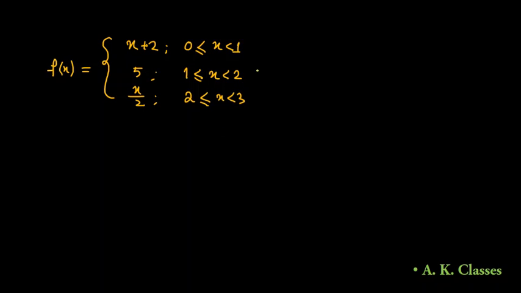ইয়াত তোমালোকে যদি মন কৰা ব্ৰেক পইণ্ট কেইটা আছে? This 1 is a break point and this 2 is a break point. These are the two break points, and these 0 and 3 are known as endpoints. Okay, why endpoint?